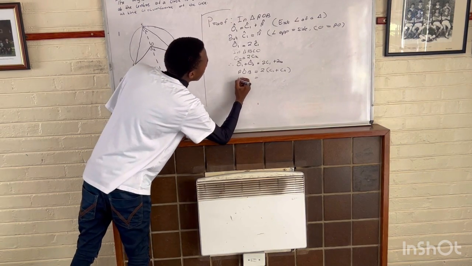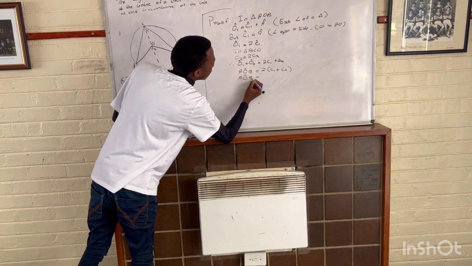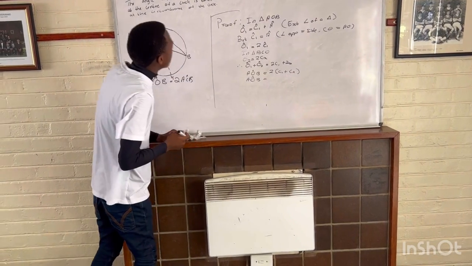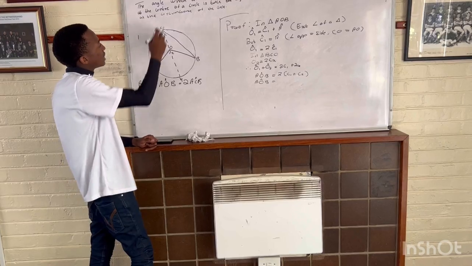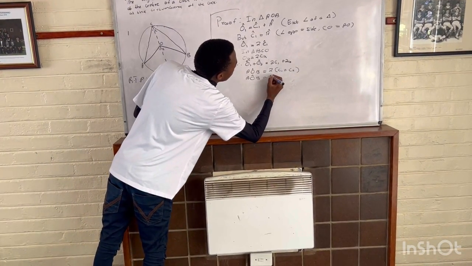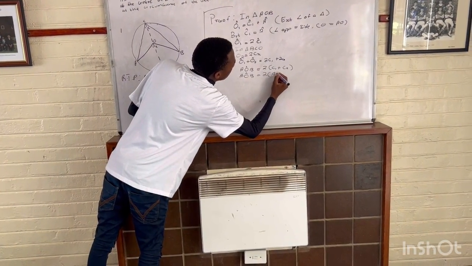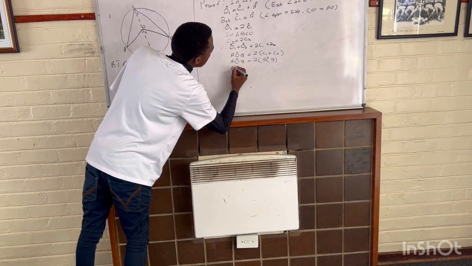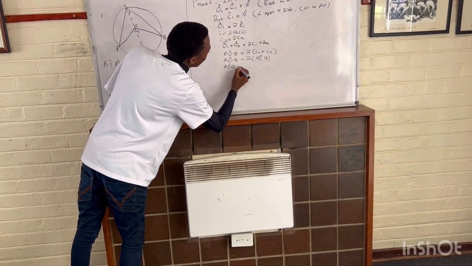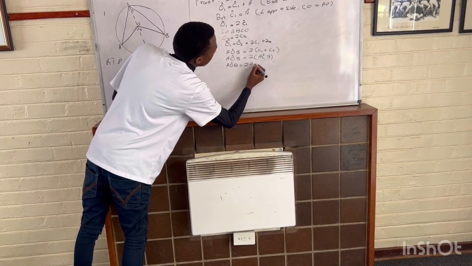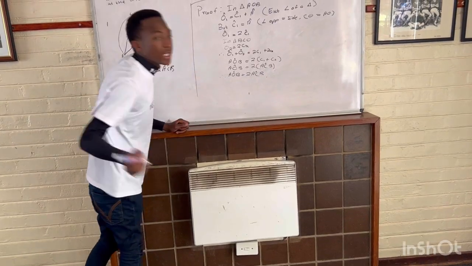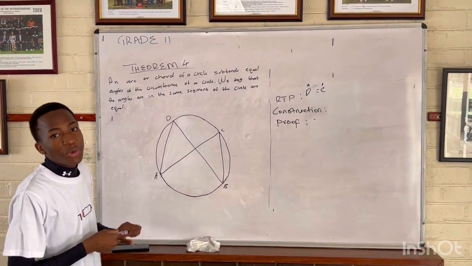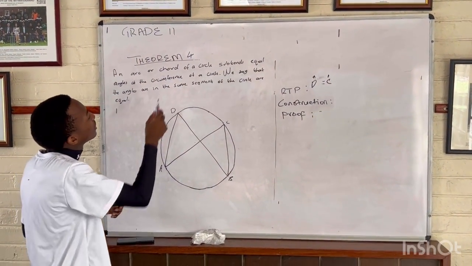We know that angle C1 plus angle C2 gives us angle ACB. So 2 times angle ACB. Therefore, angle AOB is equal to 2 times angle ACB.